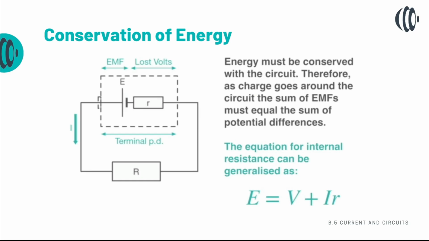So as the charge goes around the circuit, the sum of EMFs must equal the sum of potential differences, so that the total energy into the system is E. Some of the charges lose energy at the terminal potential difference, and they lose energy in the internal resistor. And what we're left with is this generic equation for internal resistance.